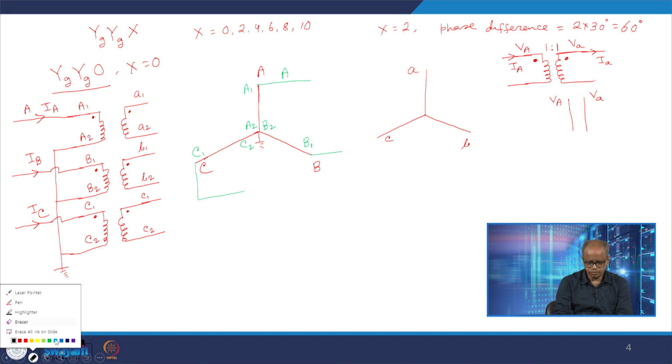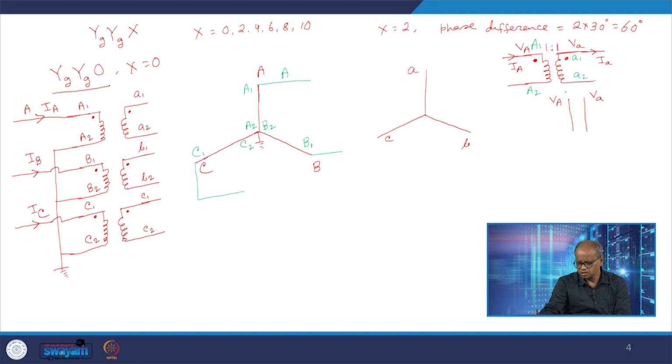Because there is no phase difference, this and this are parallel. So if this is A1, A2, then as far as these terminals are concerned, because they are in phase and in parallel, it will also be A1, A2.